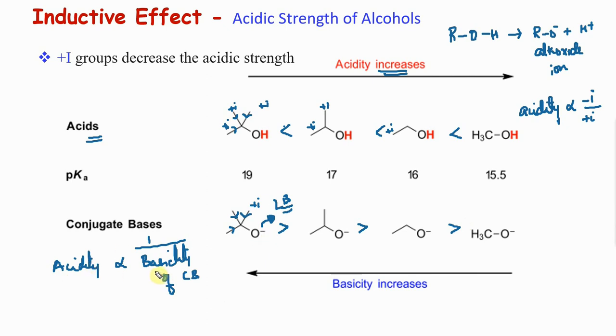For example, say you are a strong acid. A strong acid wants to give H plus, which means the negative sign that results is stable. So why would I give that negative sign to somebody as a base? I won't. So my acidity decides the basicity of my conjugate base. If my acidity is high, my conjugate base has low basicity. If my acidity is low, my conjugate base has high basicity.